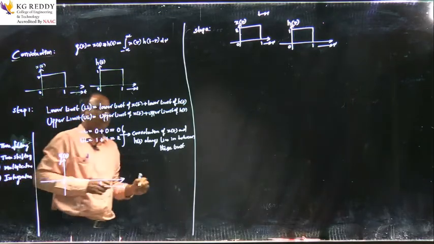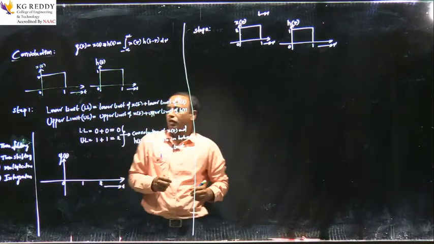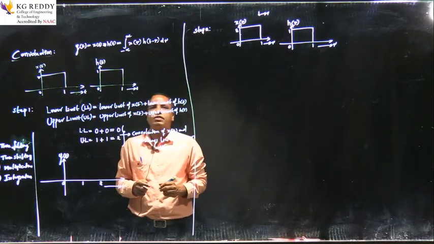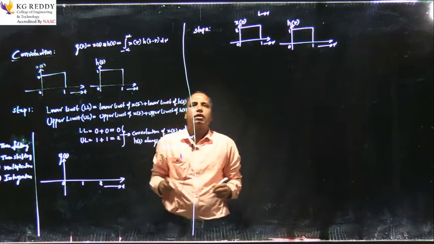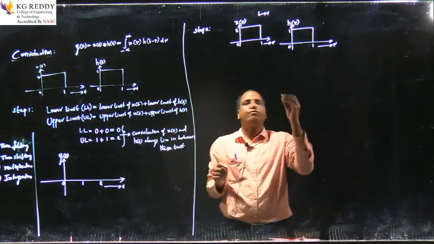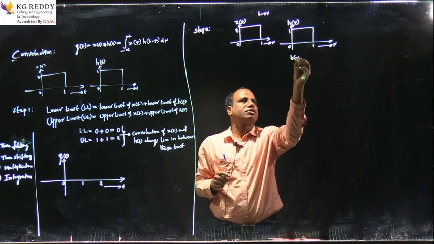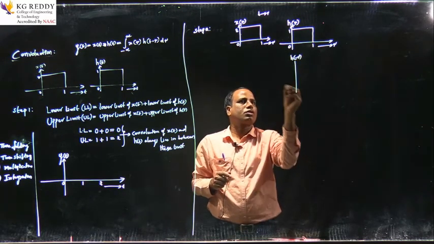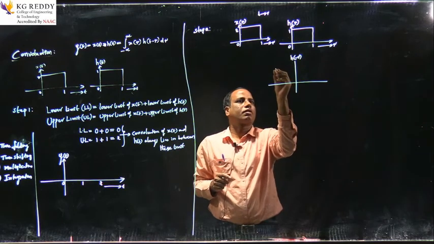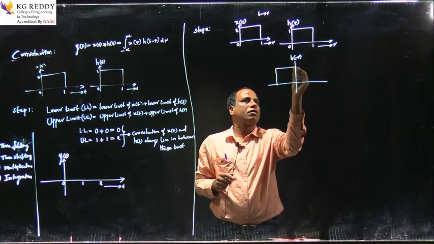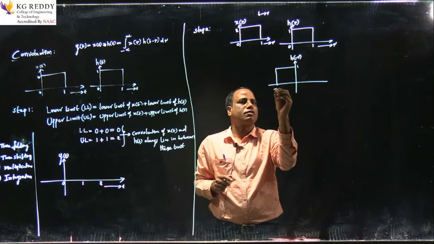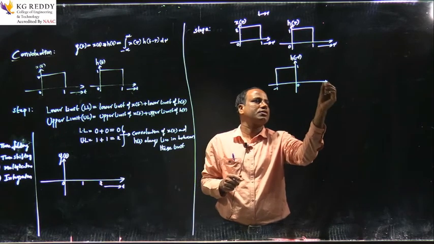We perform all these operations in order to determine the convolution of the given two signals. Now, time folding means I just fold the signal as h of minus tau. It looks like this: the time folded version, and this will be minus 1, and this is 0, and this is tau.